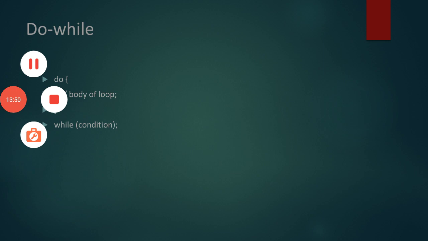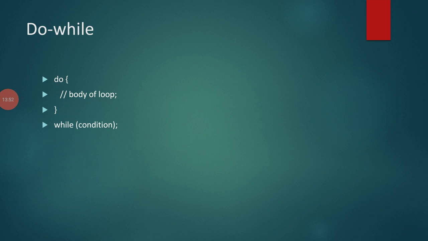If the condition is true, look at the left hand side arrow, then again it will execute the body of the loop. And if the condition is false, there is a downward arrow. If the condition is false, then it will exit from the loop, then it will not execute the body of the loop.